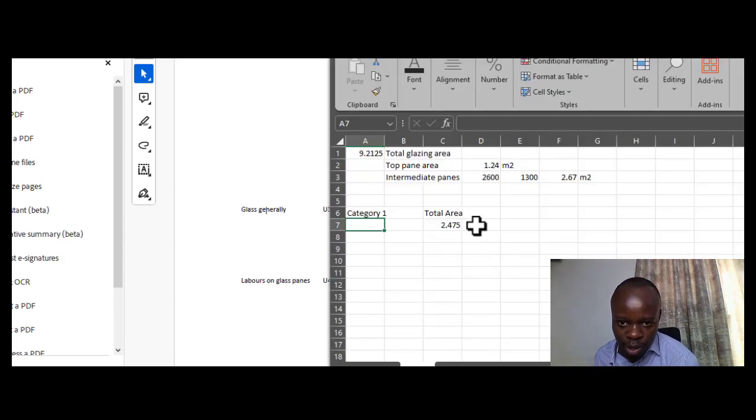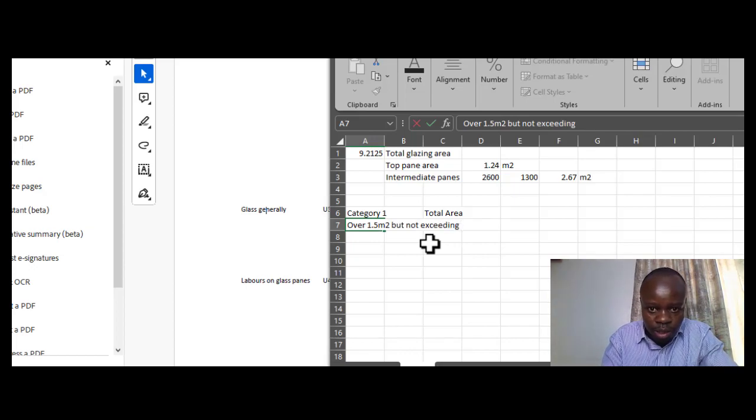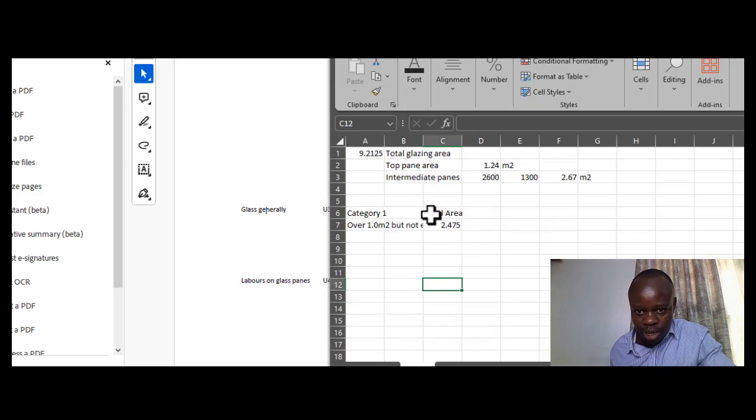So where does this one fall? 1.24 should be falling over 1.0 square meters, but not exceeding 1.50 square meters. That is category 1. That is why it's falling.